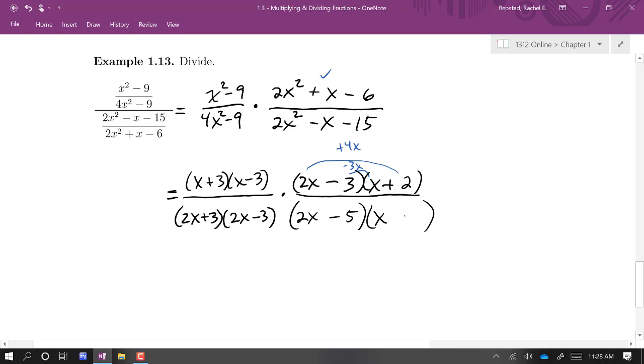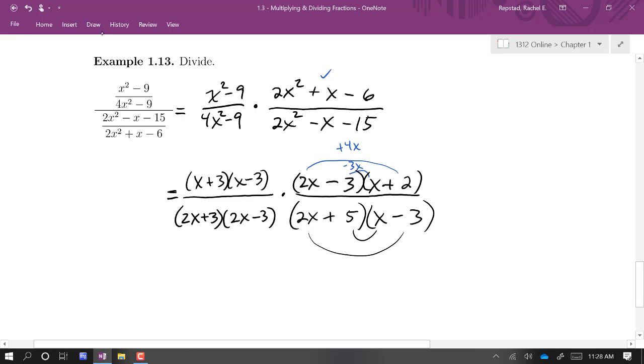Minus 5 plus 3, maybe? So that's a plus 6x minus 5x. So that'll give me a plus x and a minus x. So I think the numbers are fine. I got to change these signs around. So there's a plus 5x inner, minus 6x outer.